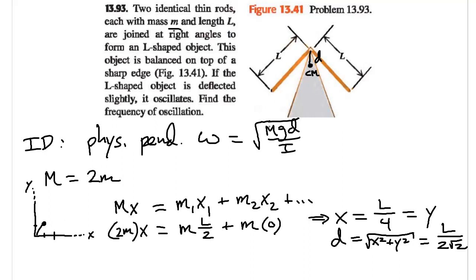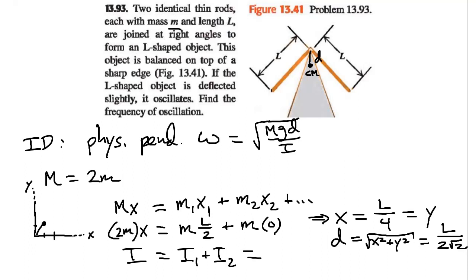Okay, so I've got M, and now I have d, and the third ingredient, I need to know the inertia. That's easier. The inertia of an object is just the sum of the individual parts. So it's just I1 plus I2.